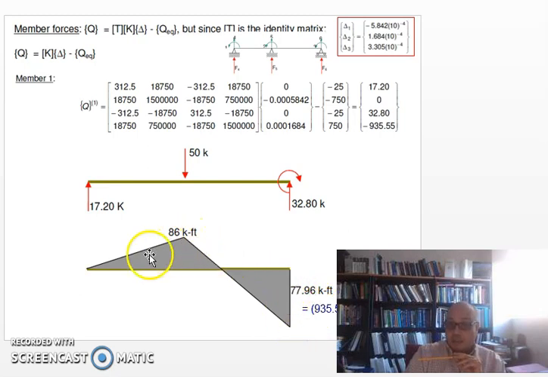So I can plot the bending moment diagram for this member, knowing 0 moment right here and maximum moment right there, and you have this kind of PL over 4 that you can construct the bending moment.